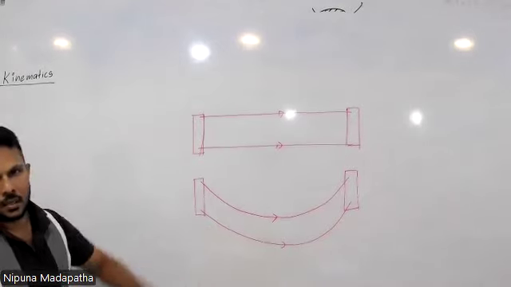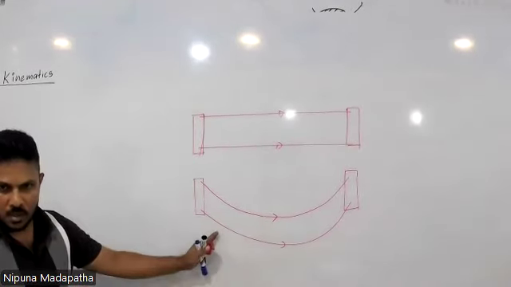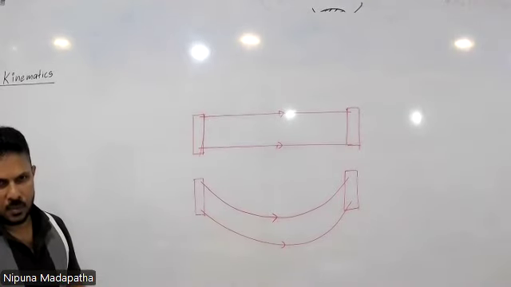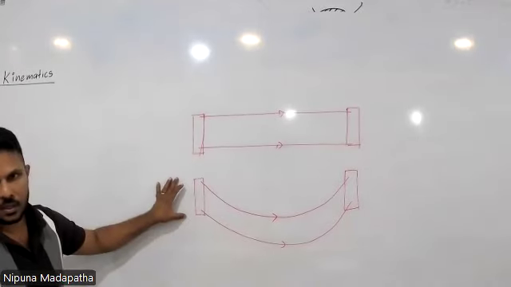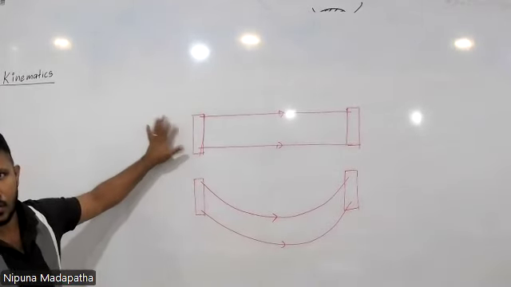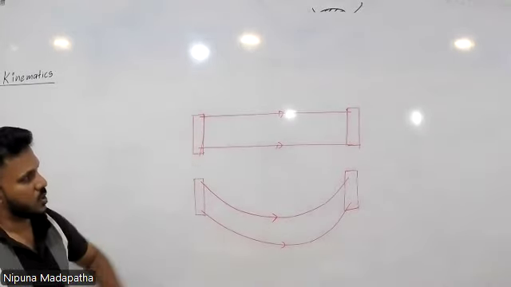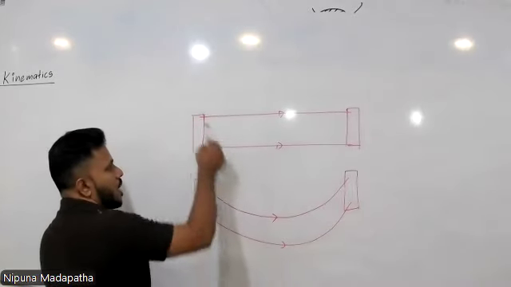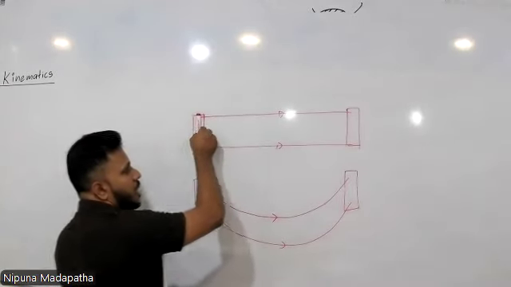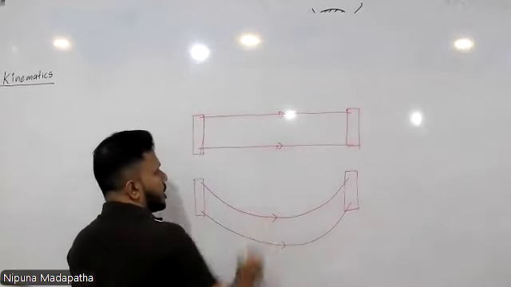This is not linear, but it is translational. This is curvilinear. So there is a difference: this is linear motion, this is curvilinear. In this lesson, we are going to study linear motion. The object moves as a whole thing on a straight line.